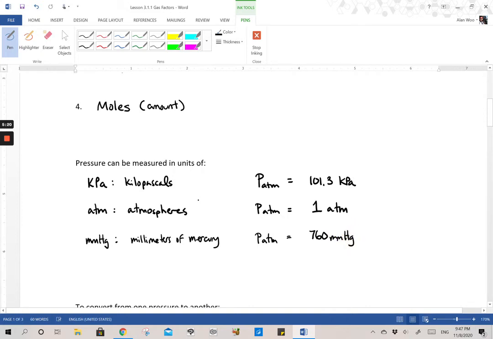So the way that I've written this out, all of these are the values that we have for normal atmospheric pressure, which in our case can also be called standard pressure.